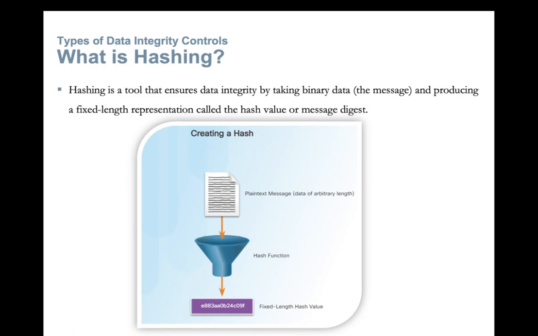Users need to know that their data remains unchanged while at rest or in transit. Hashing is a tool that ensures data integrity by taking binary data, that is the message, and producing a fixed length representation called the hash value or message digest, as shown in the figure.